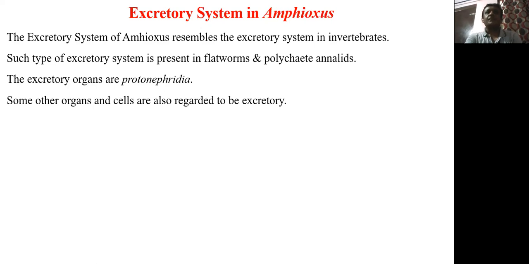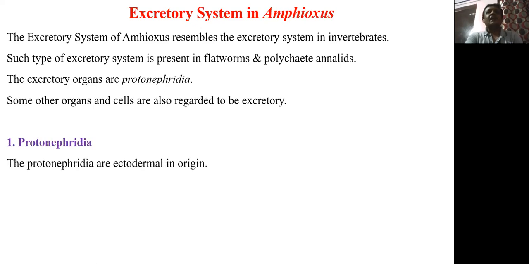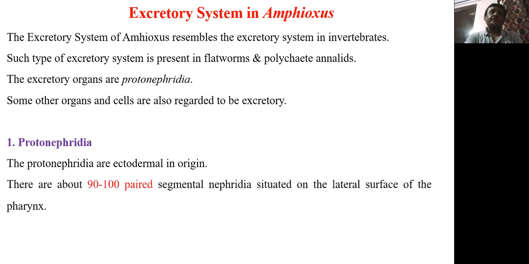In case of Amphioxus, the excretion is performed by protonephridia. So firstly, we will see the protonephridia. Protonephridia are ectodermal in origin, so they originate from ectoderm. There are about 90 to 100 paired segmental protonephridia.